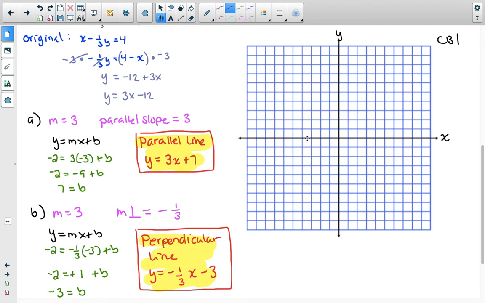Our y-intercept is at 0, negative 12. So it's 1, 2, 3, 4, 5, 6, 7, 8, 9, 10, down here, 11, 12. And then our slope is 3. So 1, 2, 3, 1. Change in y over change in x.